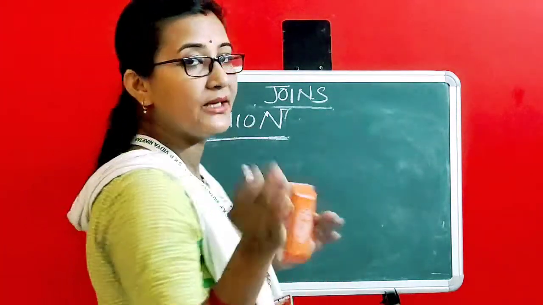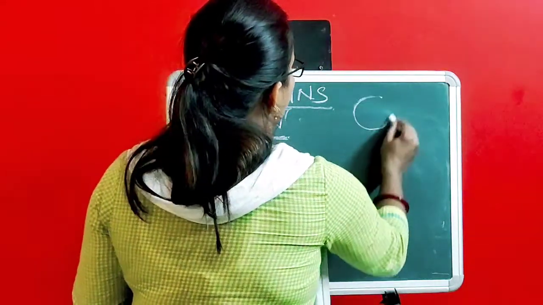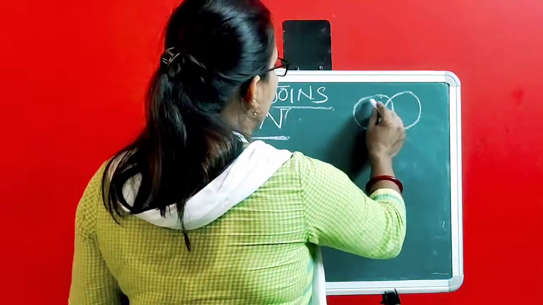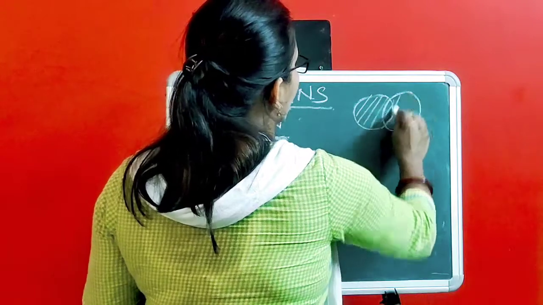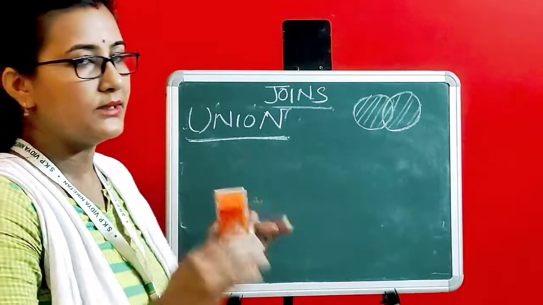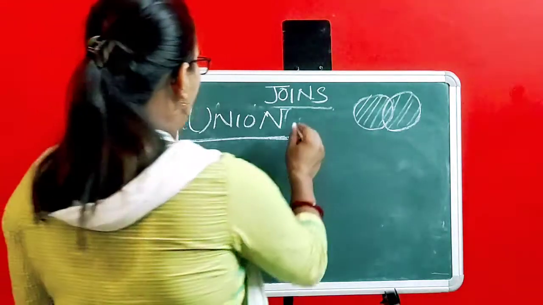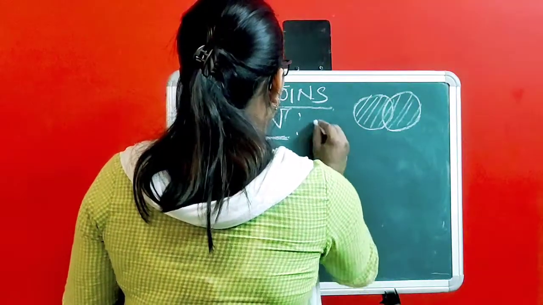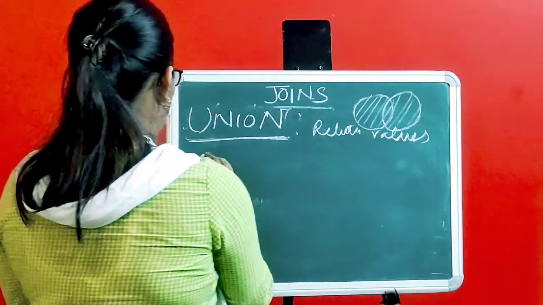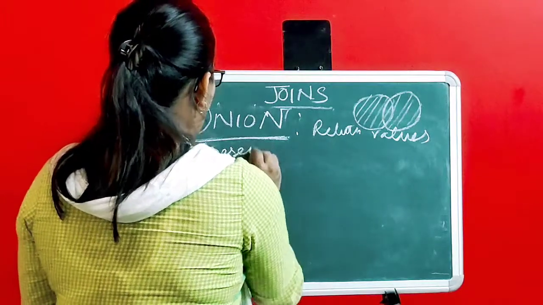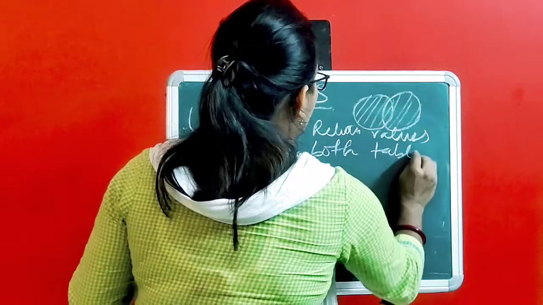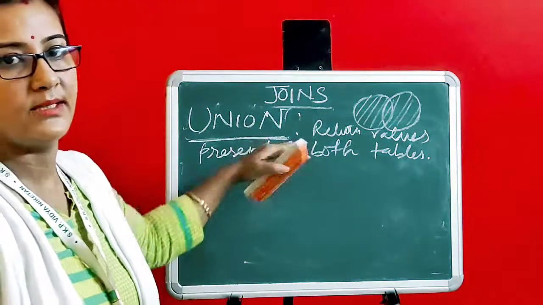First of all, just see with the help of a Venn diagram. Suppose these are two sets. From these two sets, the union join will give the elements that are present in both the tables. So this is how the union join performs. It returns values present in both tables. You simply keep this in mind.